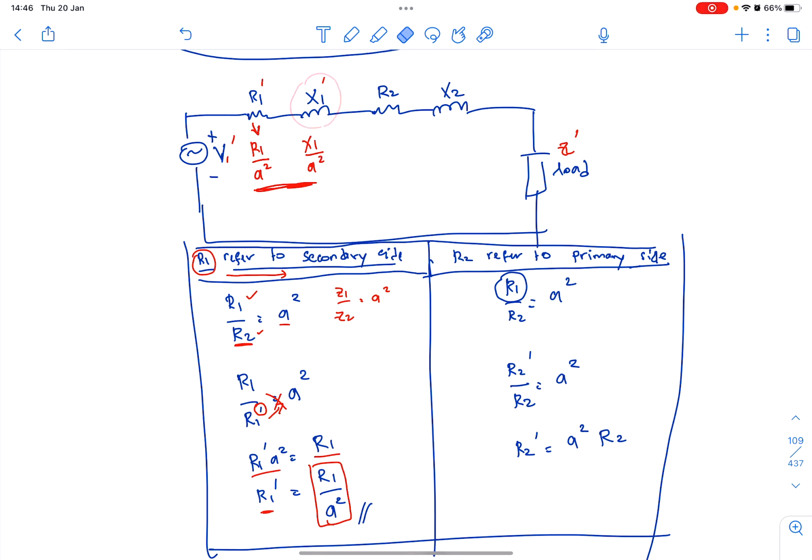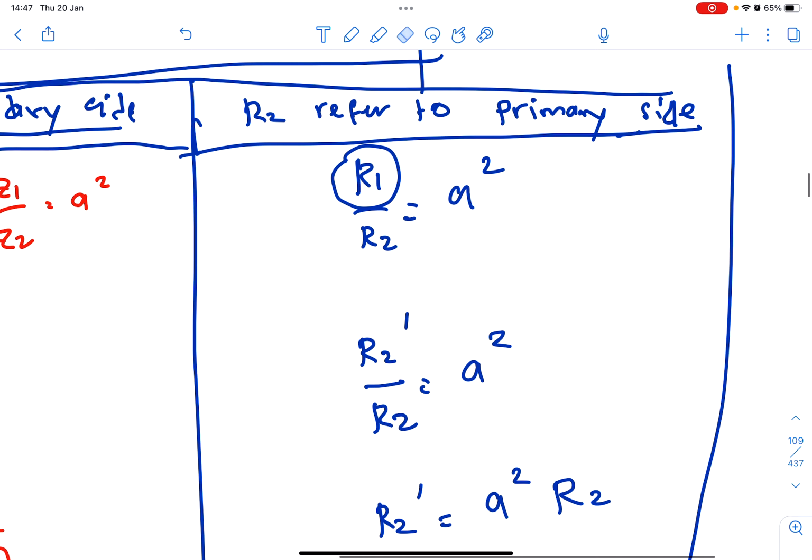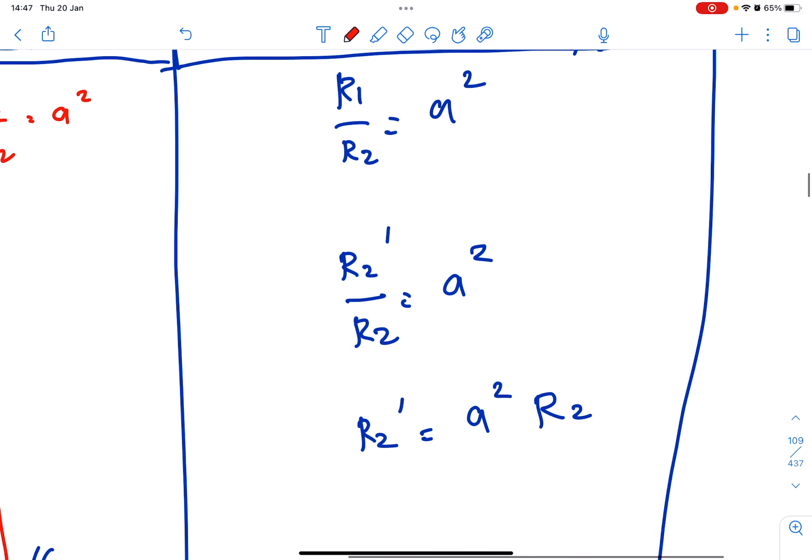Now let's look at what if you transfer from the secondary to the primary side. Now we want to know what value you get if you transfer from this secondary to the primary side. So back to the original equation tadi, where R1 divided by R2 equal to A square.